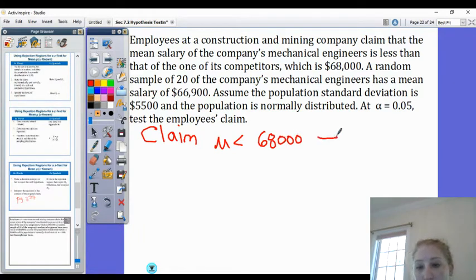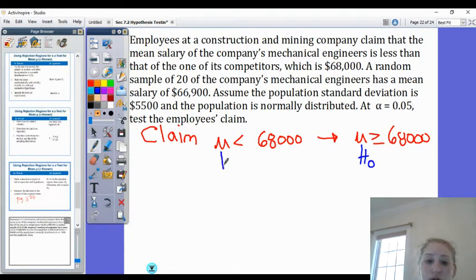All right, what corresponds to that? The mean greater than or equal to 68,000. So then we identify which one of these is my H0, and it always has our equal sign, which means this is HA.